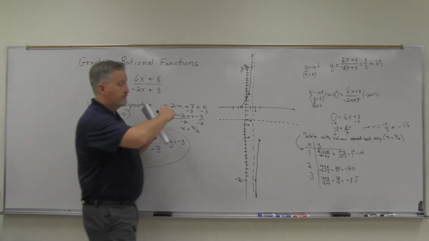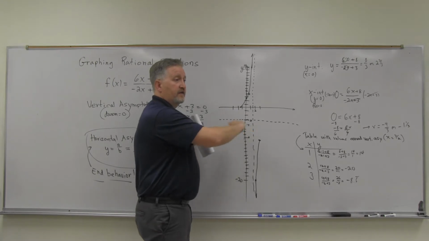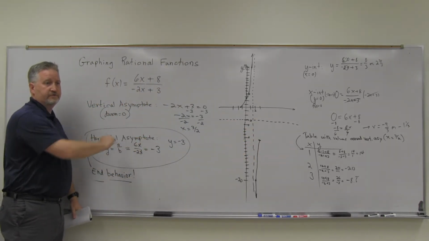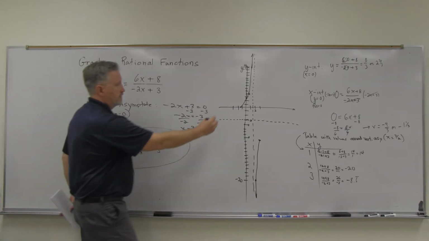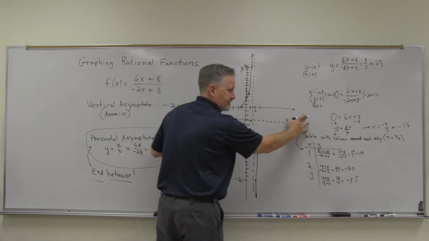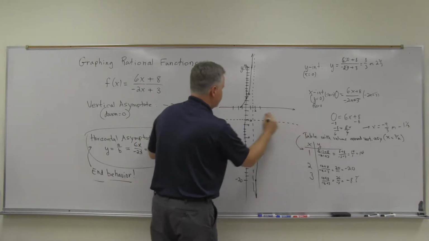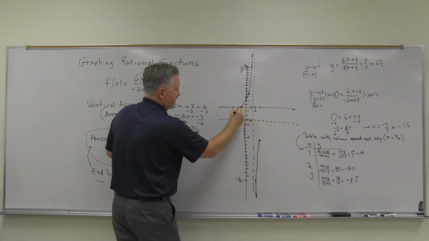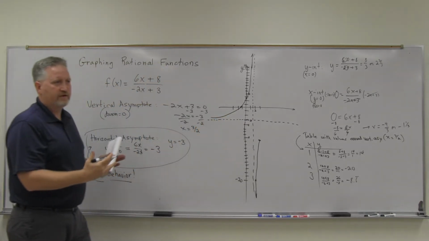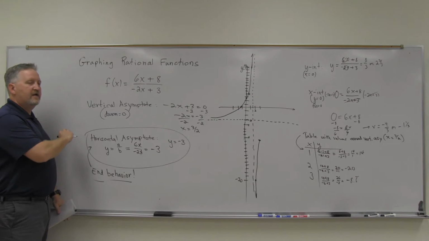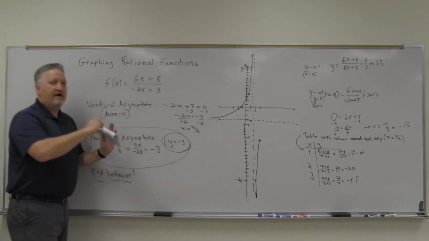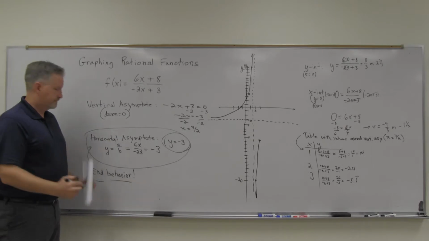All right, and so whatever happens in the middle here, on the ends, it's going to come close to this horizontal asymptote. So what that means is, to fill in the rest of this graph, it's got to come to this line on the ends. This point's got to come in, it's going to swoop, come on down and level off, and that's another way we can put it, the end behavior. That tells me where it's going to level off. This is where our graph is going to level off on the ends.